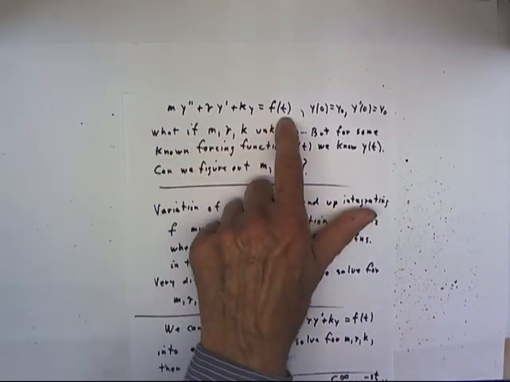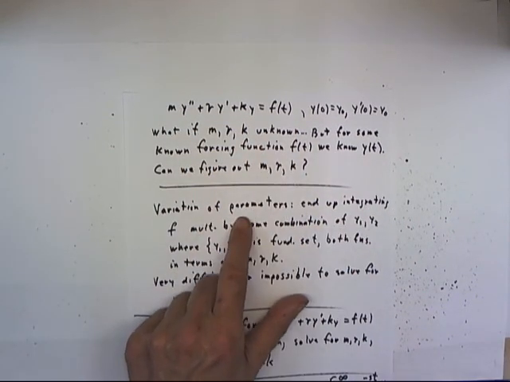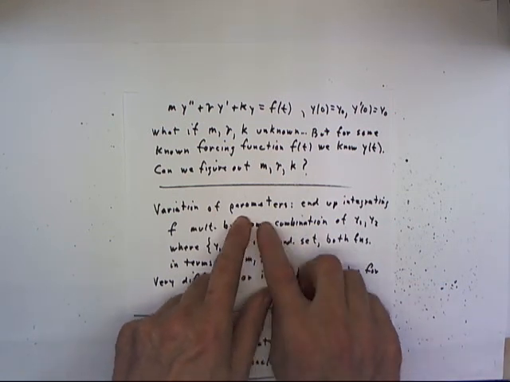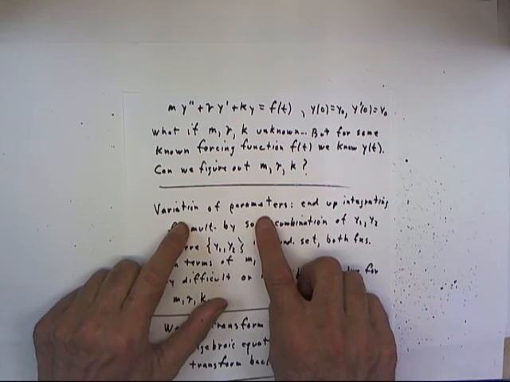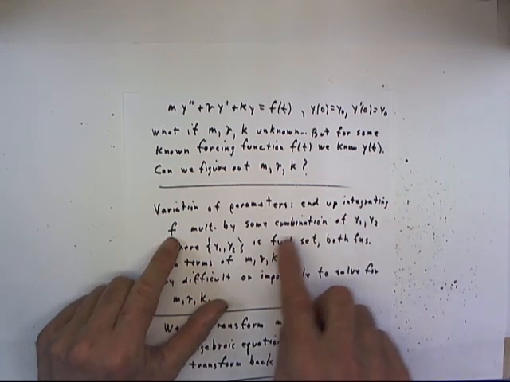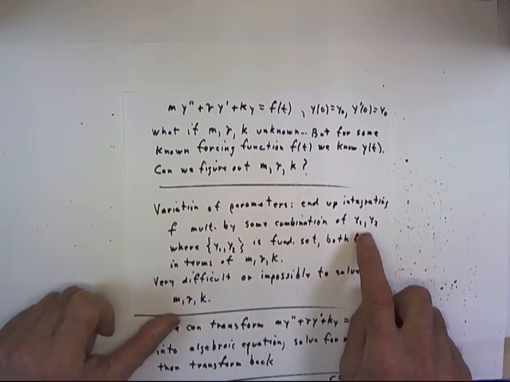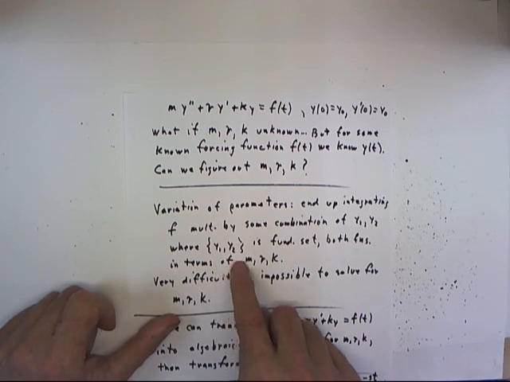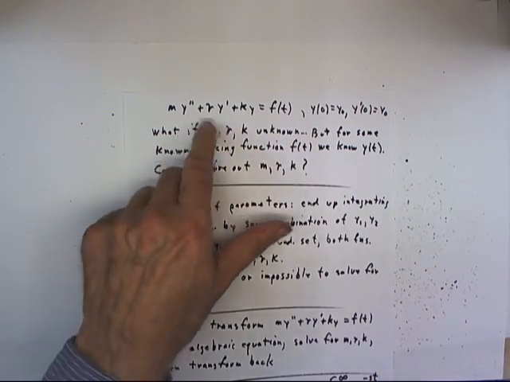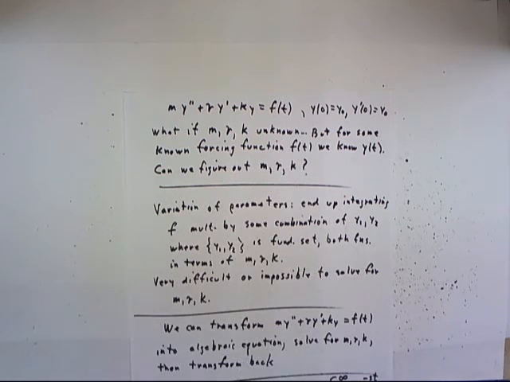Well, we can take this equation and we could solve it using variation of parameters. Without going through all the details or writing out the form of the solution, you know that we're going to end up integrating f multiplied by some combination of y1 and y2, where y1 and y2 is a fundamental set for the homogeneous equation.